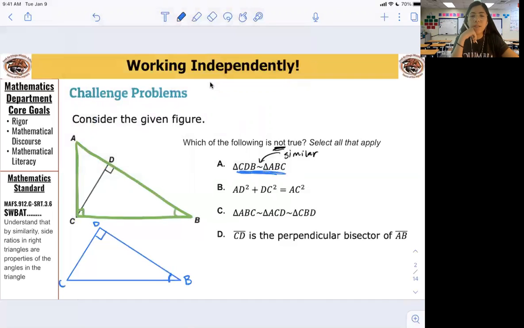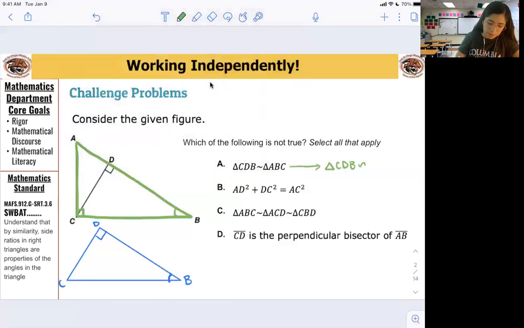Is it in the correct order? Is CDB congruent to ABC? No. How would this need to be written in order to be true? So let me keep the first one the same.